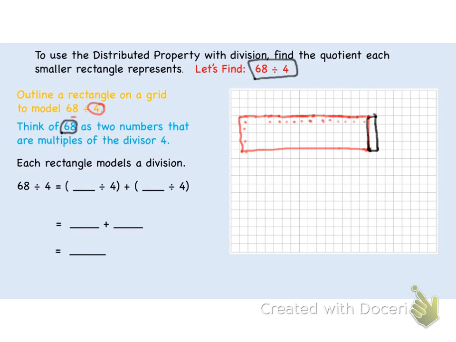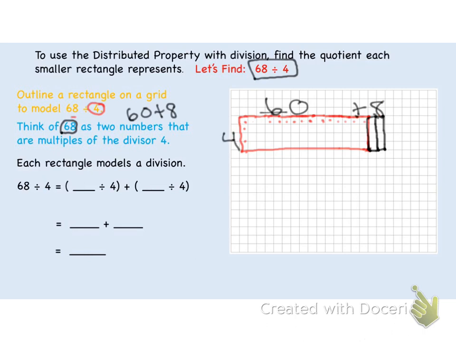Whoa, that's 64. I need 4 more. There's 68. Here's my 60, and here's my 8. We broke the 68 into 60 plus 8 in its expanded form. That's how I get my 68.